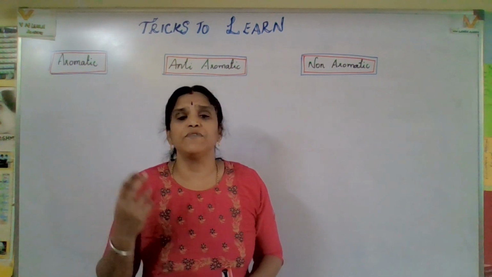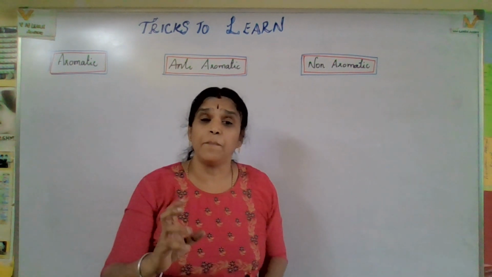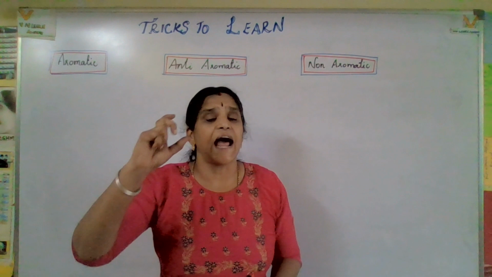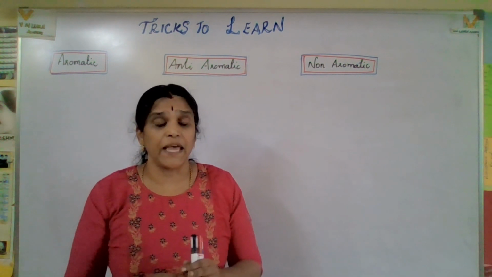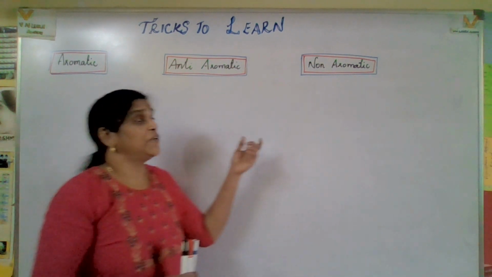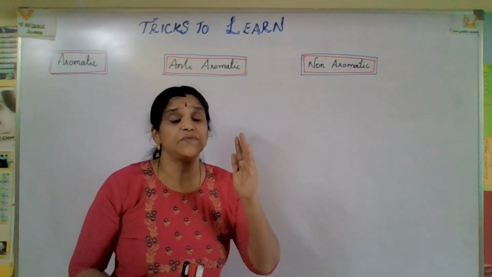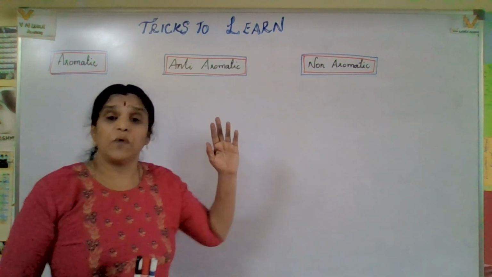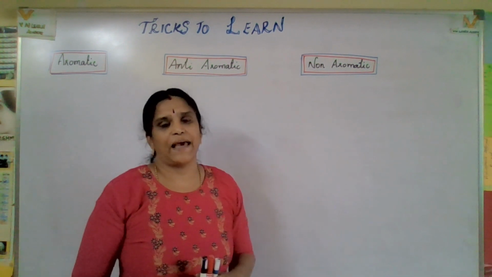We always need some tricks, ideas, and tips that help us analyze the question and answer in a very fast manner. So I would like to give the tricks to find out very easily, as we see the compound, whether it is aromatic, anti-aromatic, or non-aromatic.